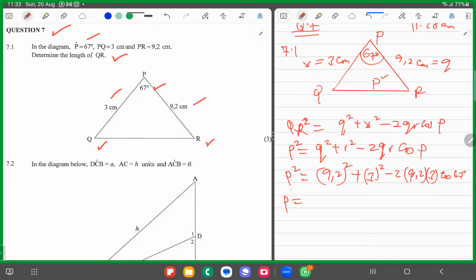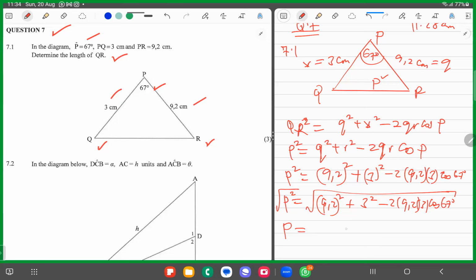So you can take the square root on the left and the square root on the right. It is 9,2 squared plus 3 squared minus 2 times 9,2 times 3 cosine 67 degrees. We can get P if we find the square root of both sides, because we want to remove the square.